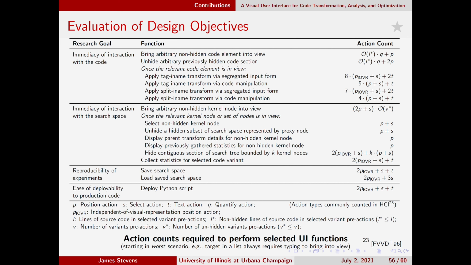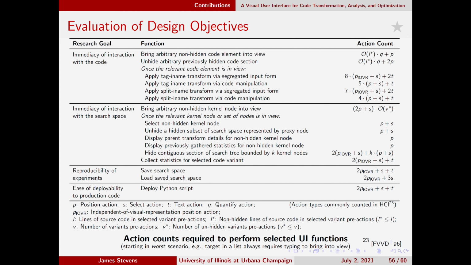Since two of our objectives concern the immediacy of interaction with the source code representation and also the search space representation, we qualify some position actions as independent of visual representation. That's what IOVR stands for. And this means that the cursor must be positioned at a location that is independent of the visual representation of the object being manipulated. I'll just highlight a couple items to notice here.